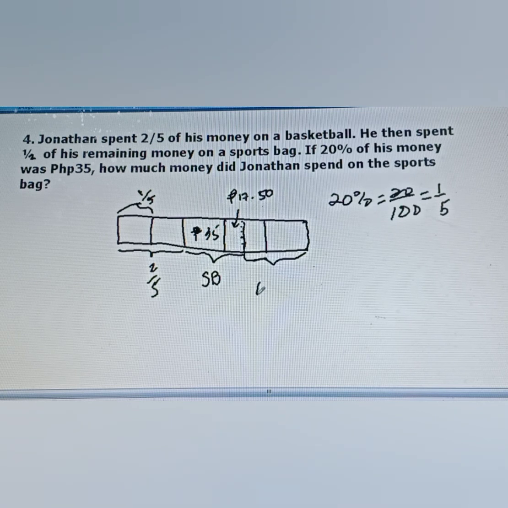We just simply add to get the answer: 35.00 plus 17.50. If you add them, that will give you a total of 52.50. So our answer is 52.50.